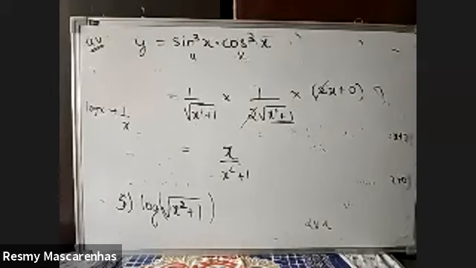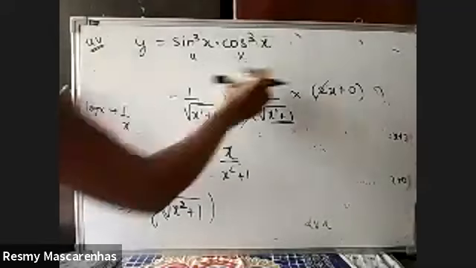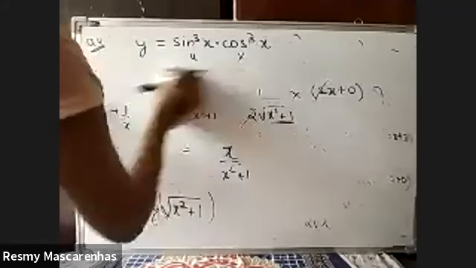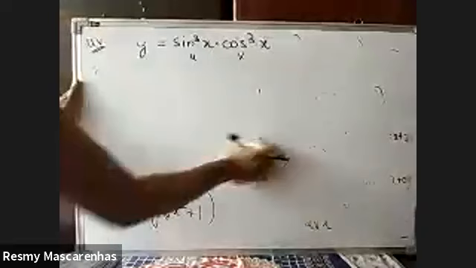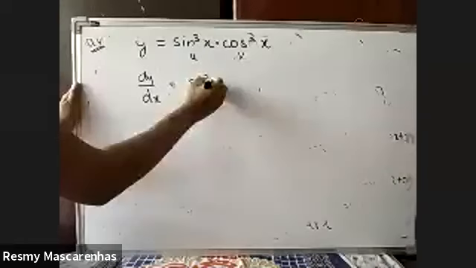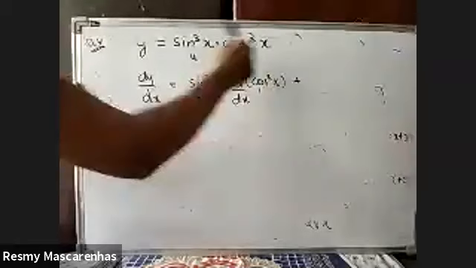So find a derivative. So dy by dx will be u into derivative of v plus v into derivative of u.